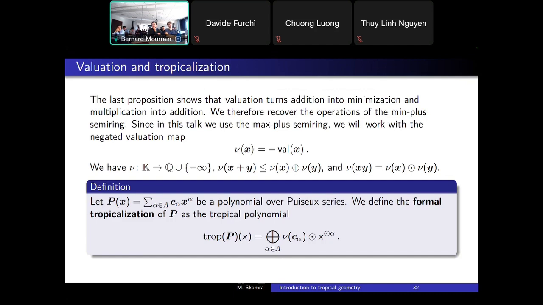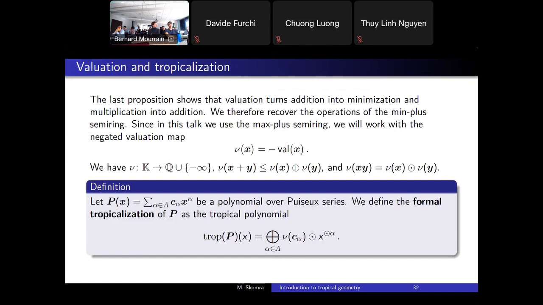We will define the formal tropicalization of this polynomial, and that will be a tropical polynomial. How do I define it? Well, I just take the same set of exponents. But as my coefficients, I will take the coefficients that I have here, and I will apply my negated valuation.